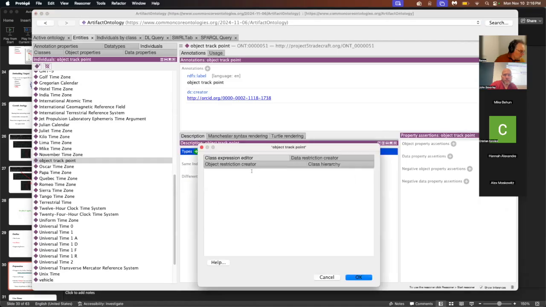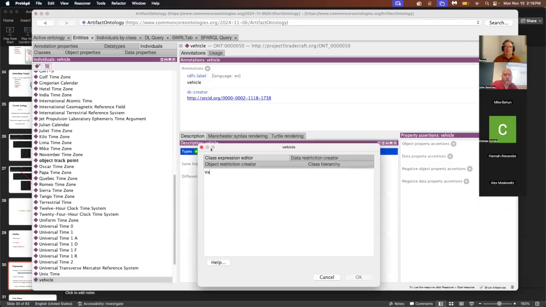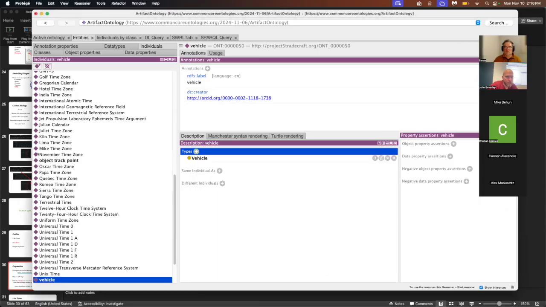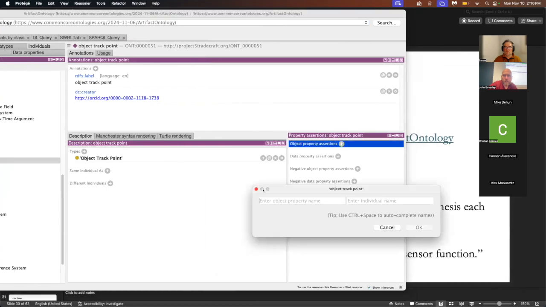I'm going to make this a class of object track point. I guess that's the class of vehicle. I'm going to say under property.